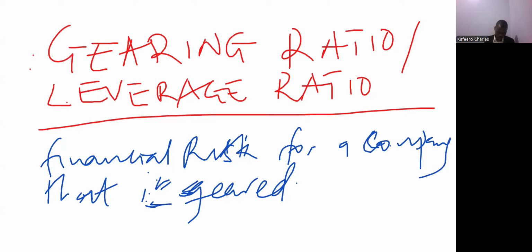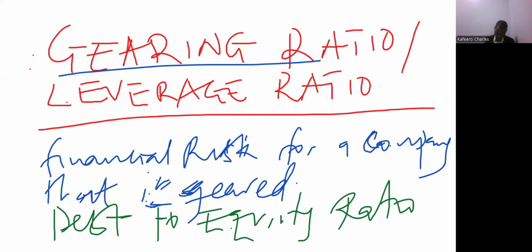Now, one way of measuring financial risk for a geared company is by using gearing ratio, and most importantly, the debt to equity ratio, or by using what we call the interest cover.